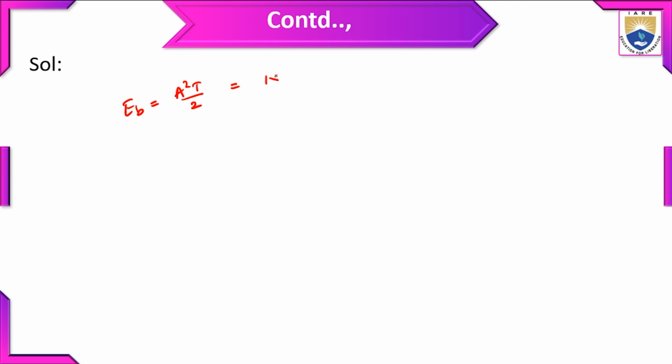That is equal to 1 into 10 power minus 6 whole square divided by 2 into, here the numerator T also there, so it is given as 2.5 into 10 power 6. That is my bit rate. Okay. So by solving all this, you will get 1 by 5 into 10 power minus 18. So this is my energy per bit.